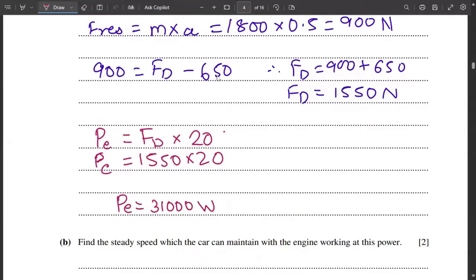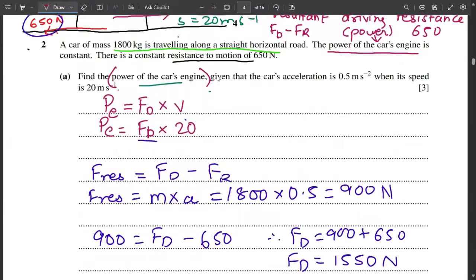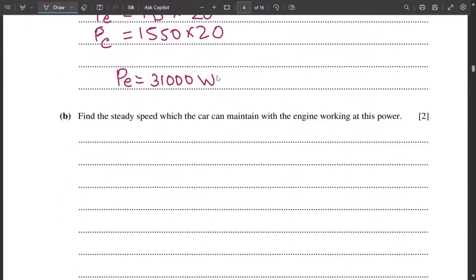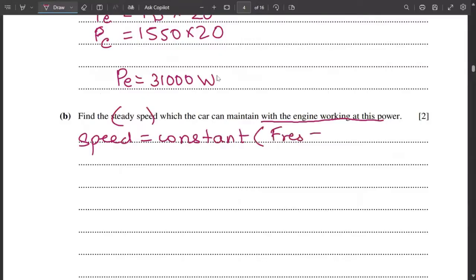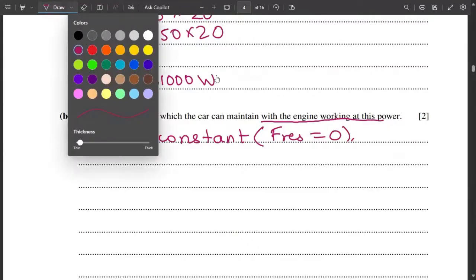Next question. Find a steady speed which the car can maintain with the engine working at this power. So steady speed means speed should be constant. And we know that when speed is constant, the resultant force is zero. Okay. So now what do I mean by that?